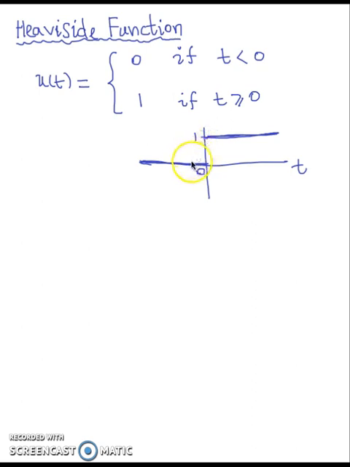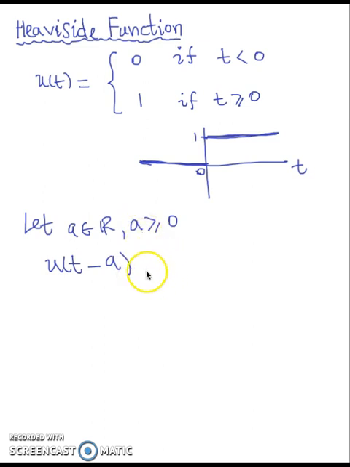So what we'd like to do is to consider a constant that is non-negative, and we consider a shift of that Heaviside function. In other words, consider u evaluated at t minus a, where a is non-negative, and this would be the same values of the function, 0 and 1, but now the argument is t minus a.